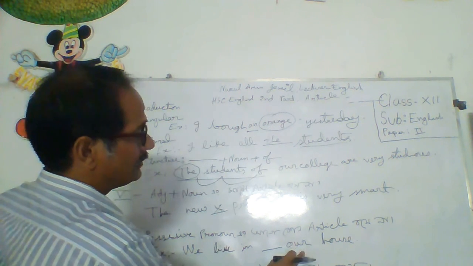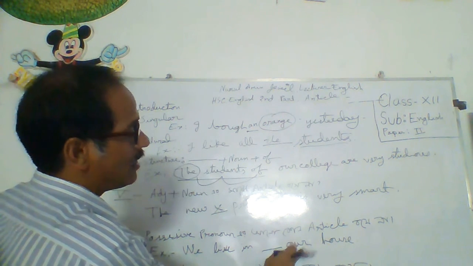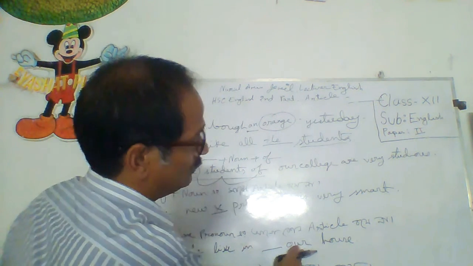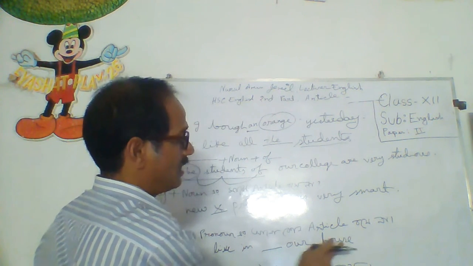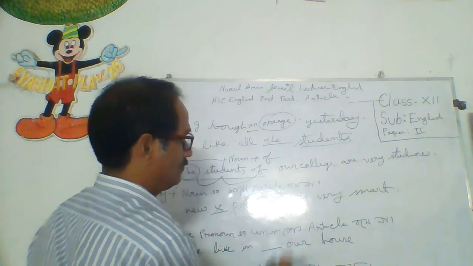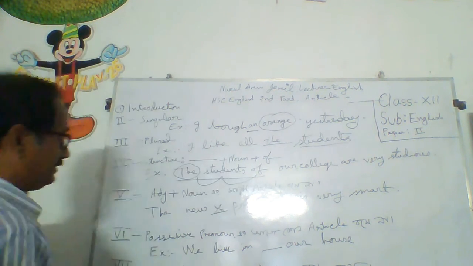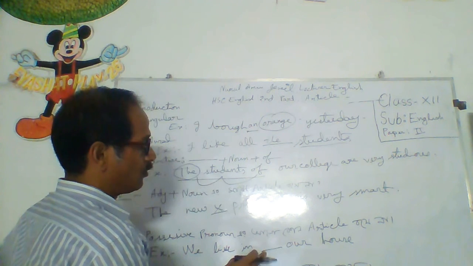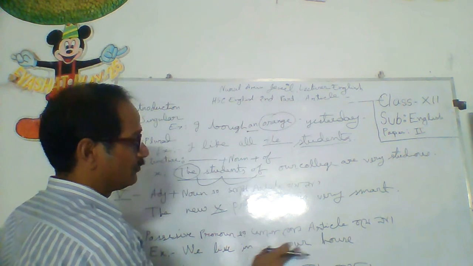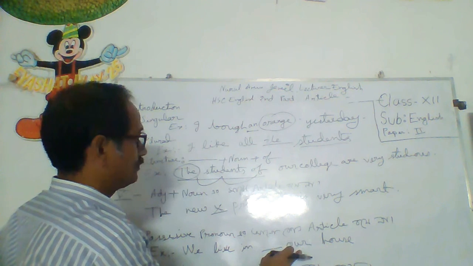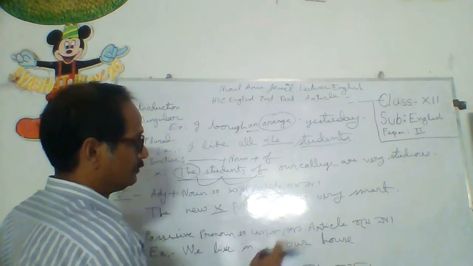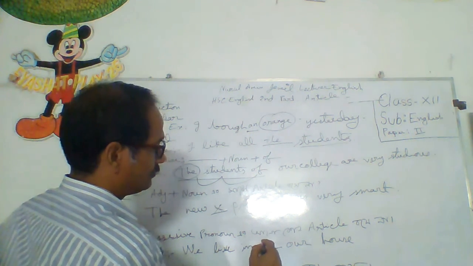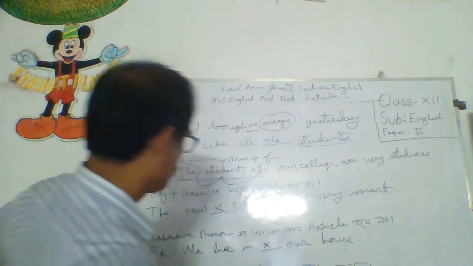Our is a possessive pronoun and our defines house, our house. Whose house? Our house. As I have said, no article should be used before a possessive pronoun like our. So here we should give a cross.